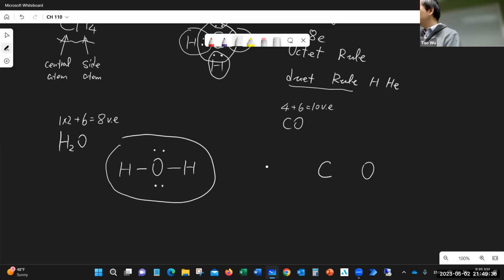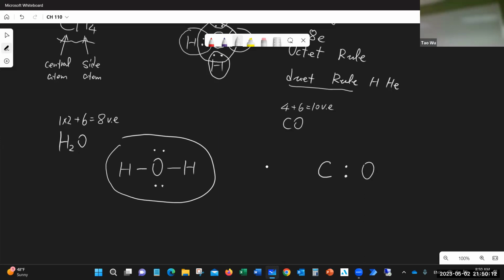It is a little bit more complicated. Then what are we going to do? You're going to assign the dots. First you need to have a pair of shared electrons in the middle of those two elements, and then you assign the other dots. Here the rule is we always assign one of the elements as an octet first.